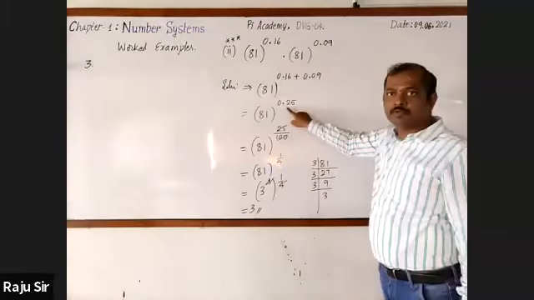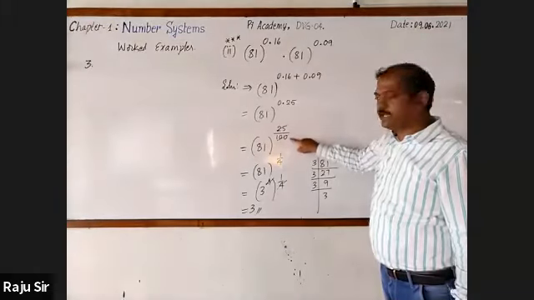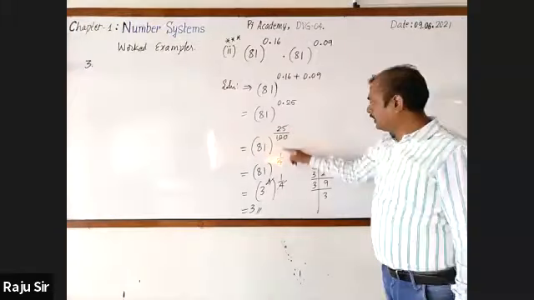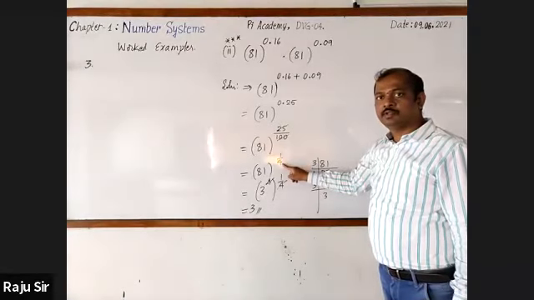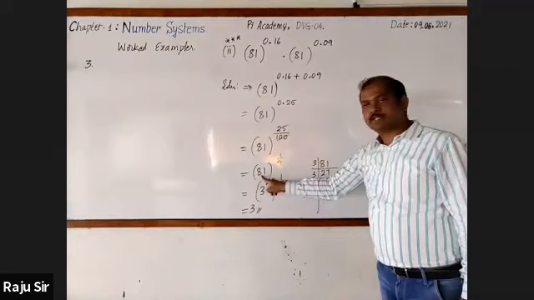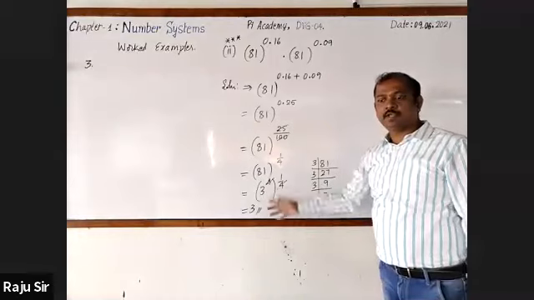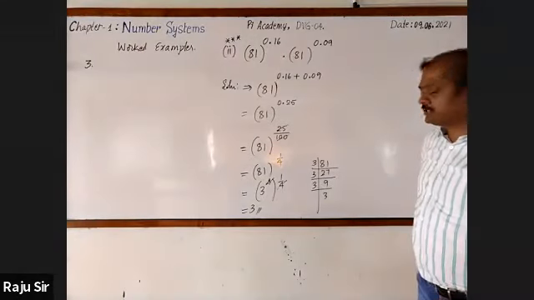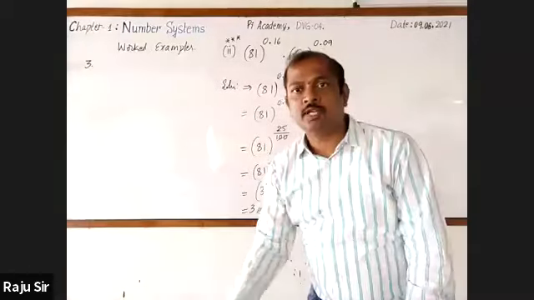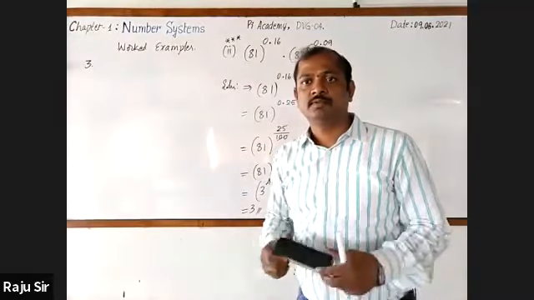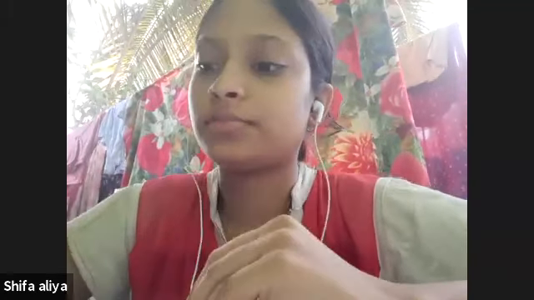You got 0.25. You have written this as a fraction. Then you have cancelled. Then you have expressed 81 in exponential form. The 4 and 4 cancelled. Then finally, you have got the final answer as 3. Now, shall I rub it? Yes, sir.